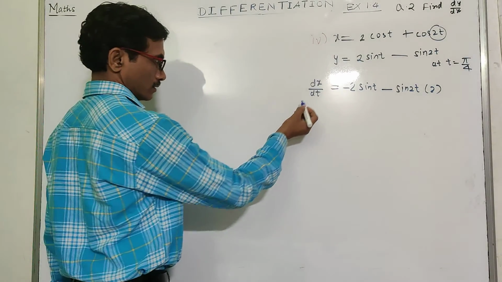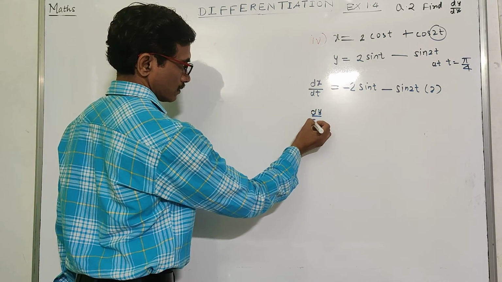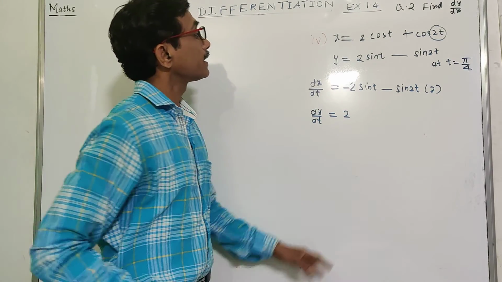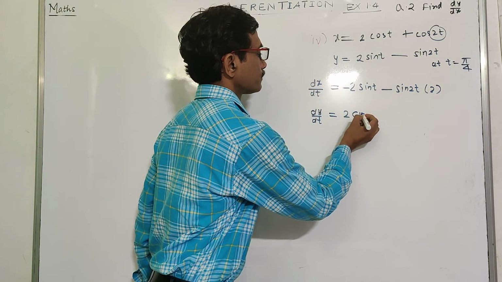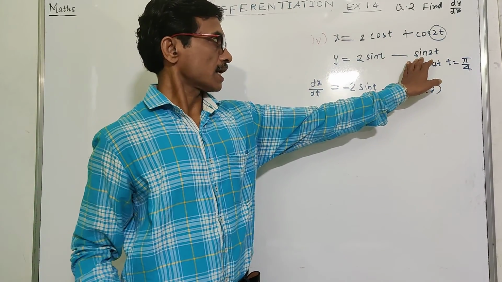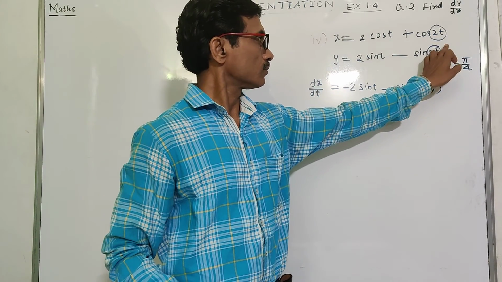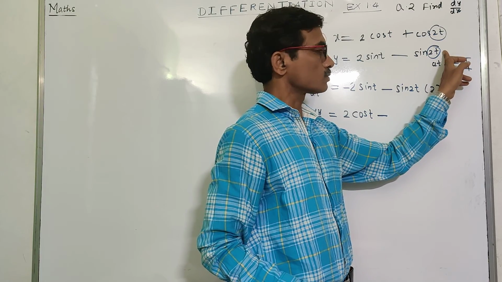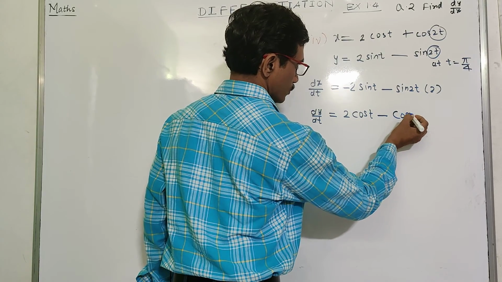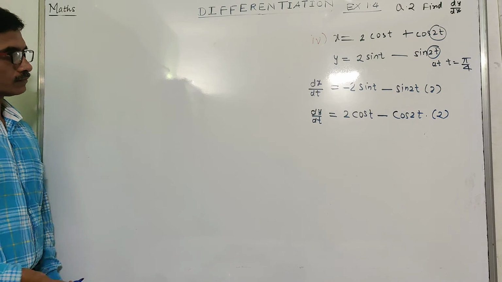Which is dx by dt. Now dy by dt: 2 is constant, the derivative of sin t is cos t, minus the derivative of sin 2t is cos 2t, and the derivative of 2t is 2.